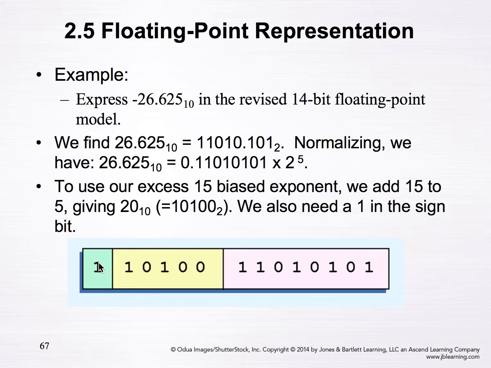The sign is equal to 1 because the number is negative. And for the remaining part after the binary point, we put 1 1 0 1 0 1 0 1. So that's the floating point representation of the number negative 26.625.